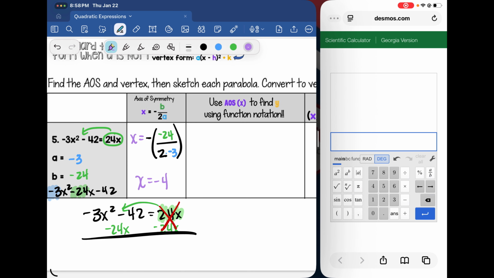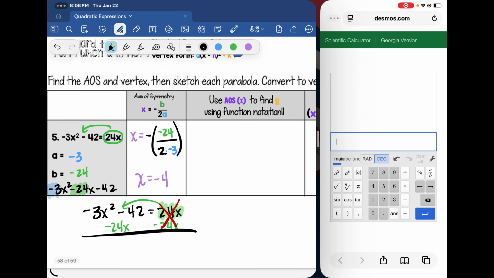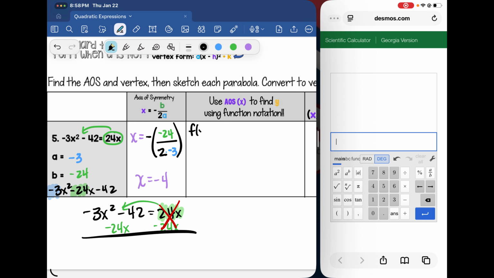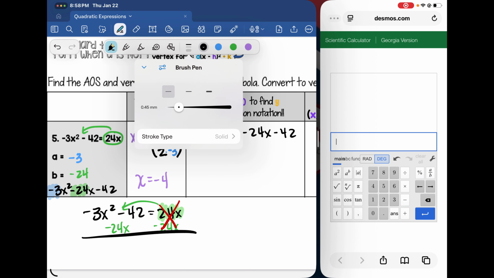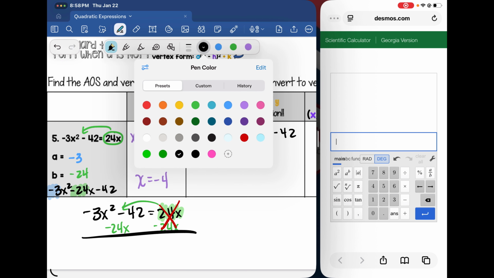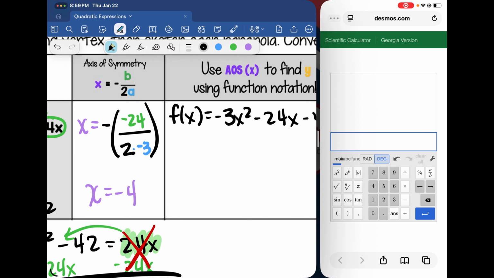Now we're going to use that x value for my axis of symmetry to find my y value. So the equation is f of x is equal to negative 3x squared minus 24x minus 42. And everywhere I see an x, I know that its value is going to be negative 4.